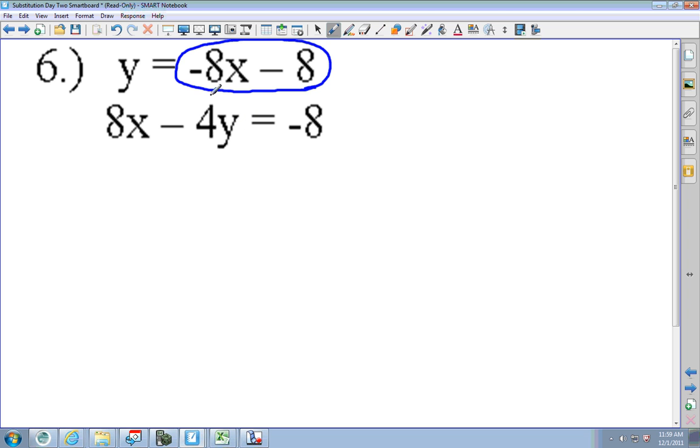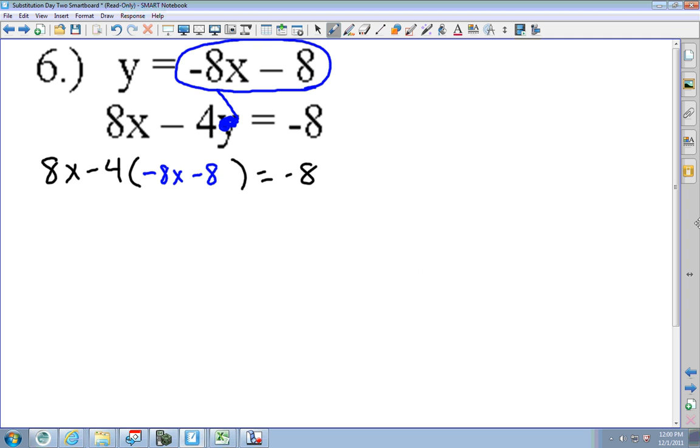For y, so I'm going to put it in here for y. So if I rewrite this equation, I have 8x minus 4 times y. Instead of y, we're going to write negative 8x minus 8. And bring down the rest of the equation, equals negative 8.